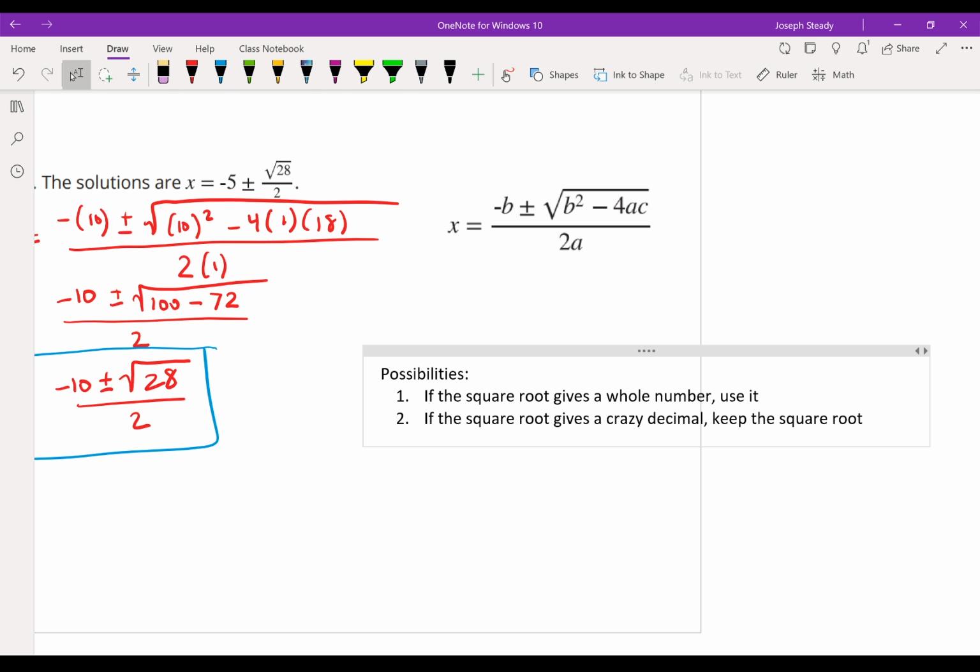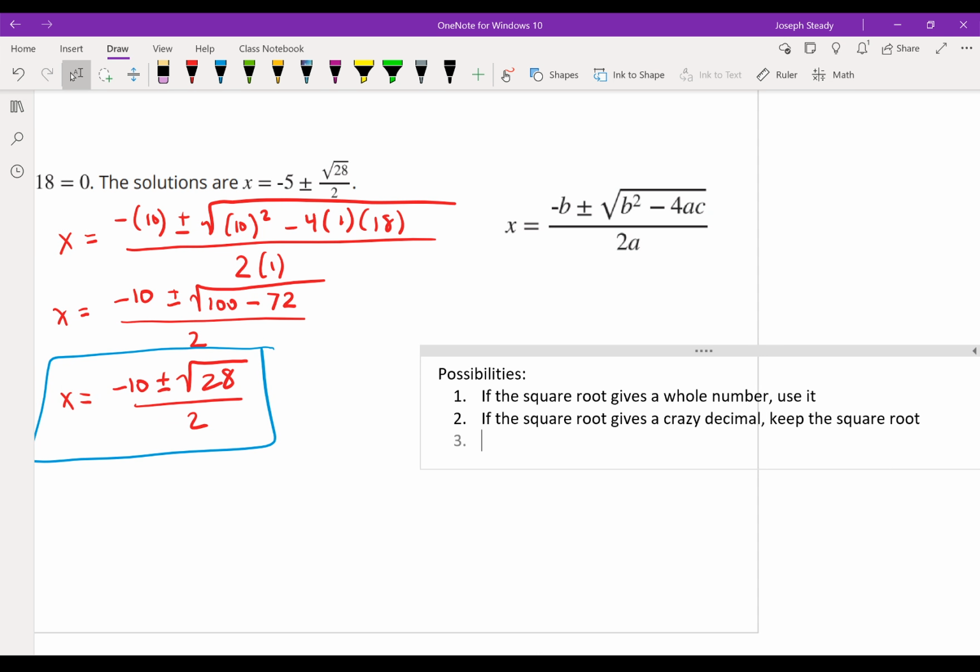There is one exception to this rule, and I want you to imagine that this was a word problem for a second. Let's say this problem said something like, how long will it take for the object to hit the ground? I don't want you to tell me that the object takes negative 10 plus or minus the square root of 28 over 2 seconds to hit the ground. I have no idea what that means.